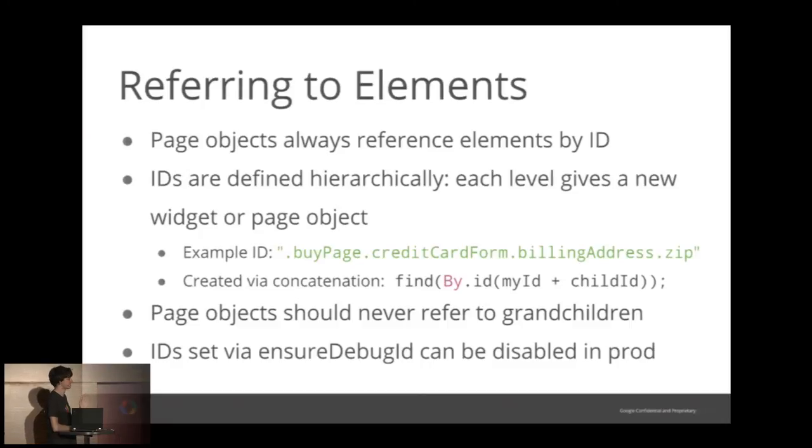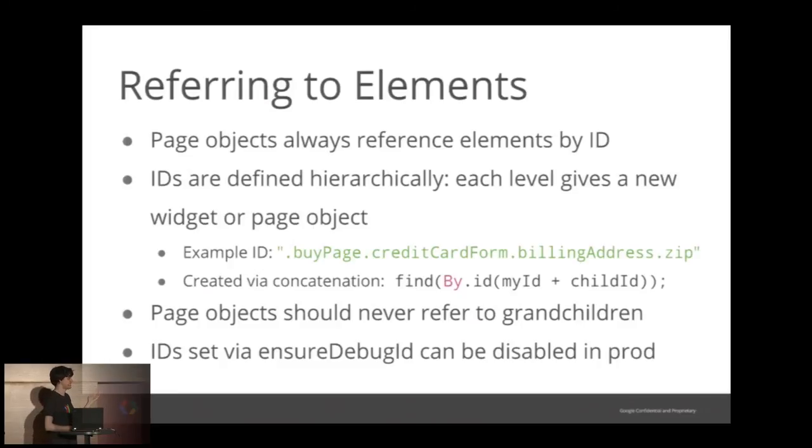These IDs get automatically constructed using GWT's debug IDs. And the reason you do it this way is for this reuse, so different forms don't conflict with one another. So say I had multiple address forms on my page, both a billing address and a shipping address. If I was just using fixed IDs like zip or whatever, then I would end up with two elements that had the same ID, which is not allowed.